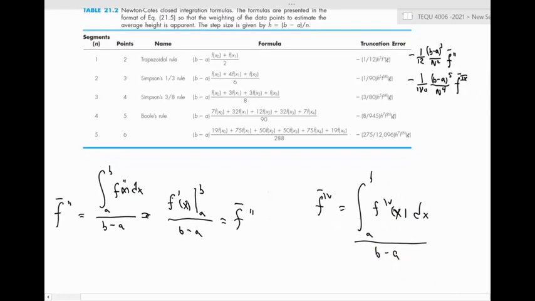So you pretty much have the idea already. What's going to happen is that the integral of the fourth derivative is the third derivative. So all you need here is the third derivative of x evaluated at the limits a and b divided by b minus a.